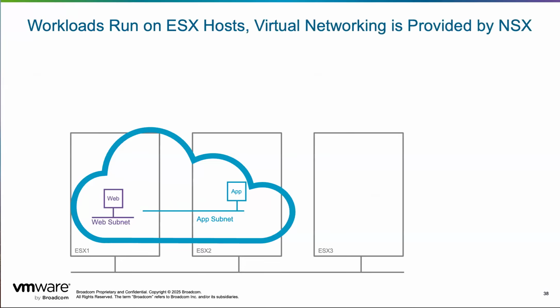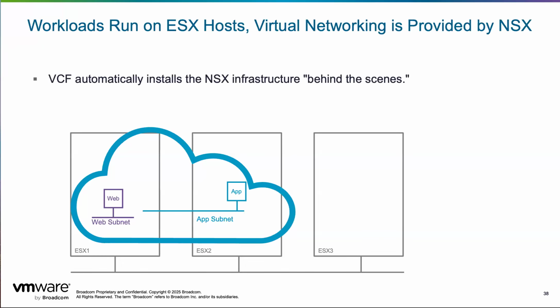Well, because this is VCF, your virtual machines are running on ESX hosts, of course. And behind the scenes, when VCF is deployed, it's configuring automatically the NSX infrastructure. So NSX is part of VCF. It has always been part of VCF, actually. And it is automatically configured for you.